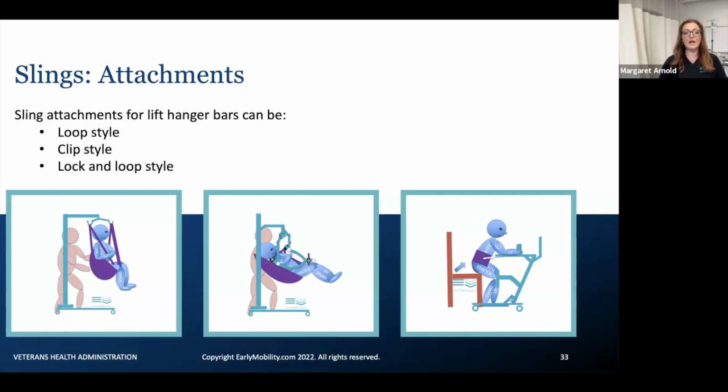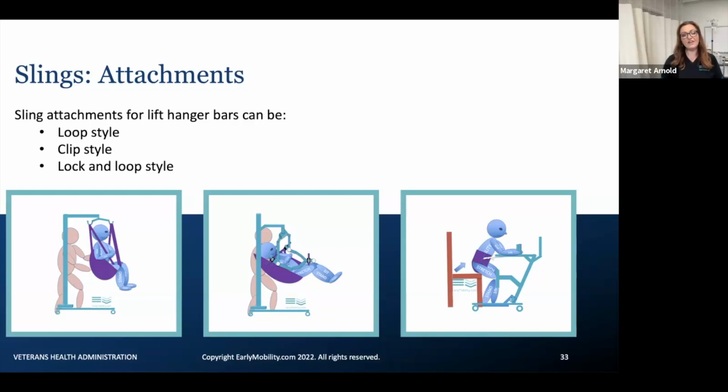Most notably, the Arjo model of the Sarah Plus sit to stand device is where you will see your lock and loop style of connection between the lift and the sling.